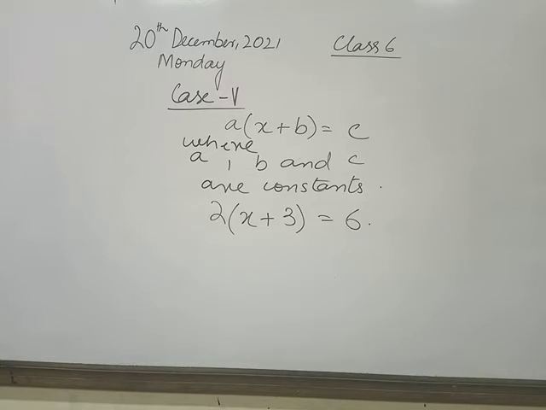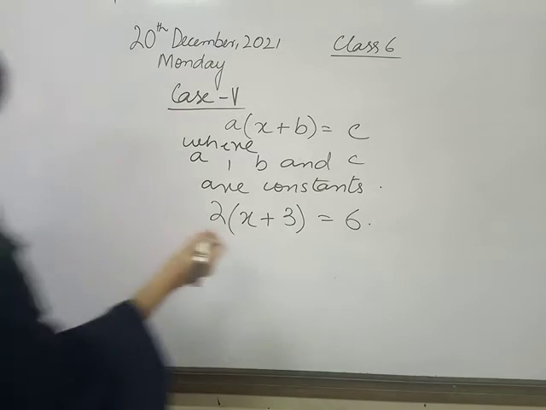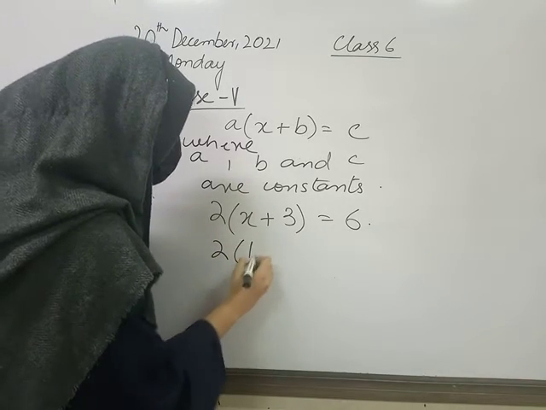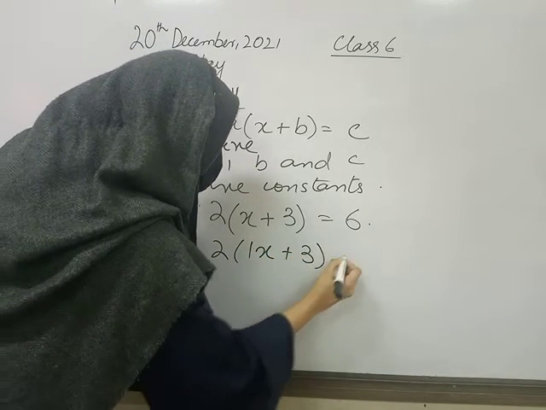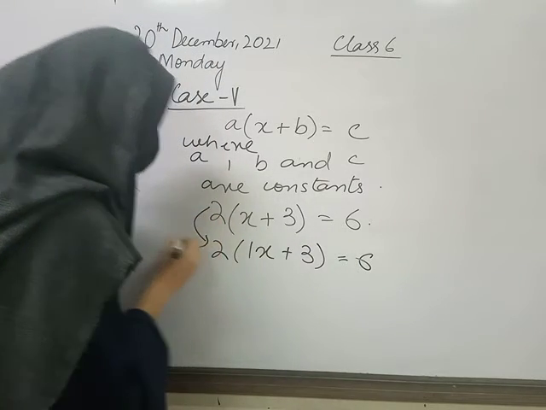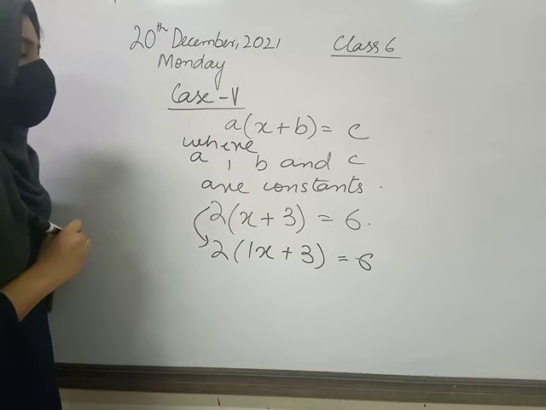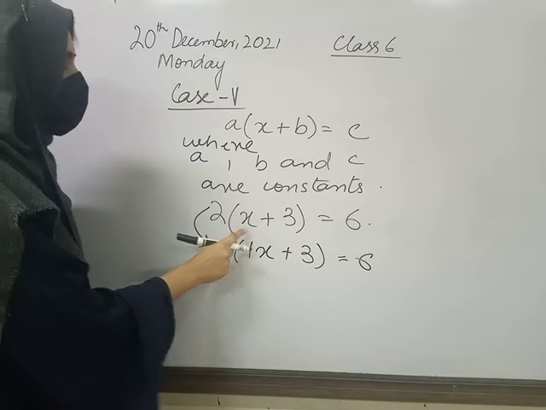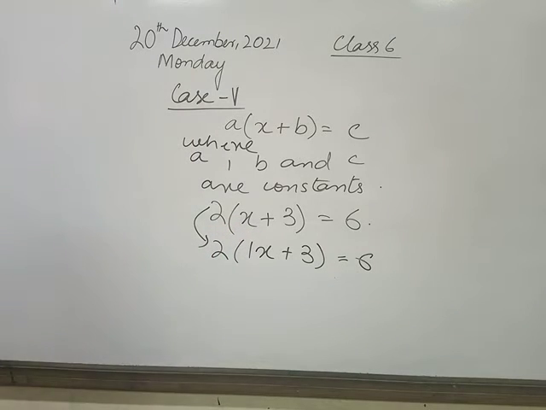So now I am going to solve case number 5 and the working is, you have to look very carefully class. We also write this equation like this. As we all know, when we have no any number with variable, we will consider it as 1.